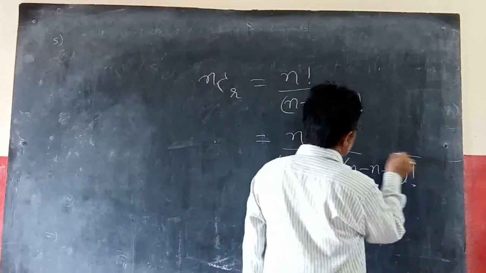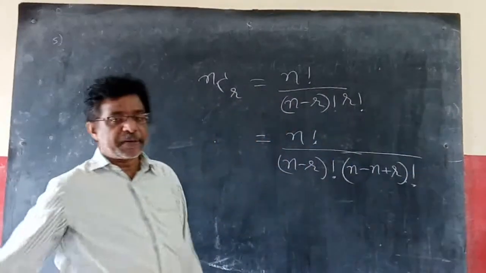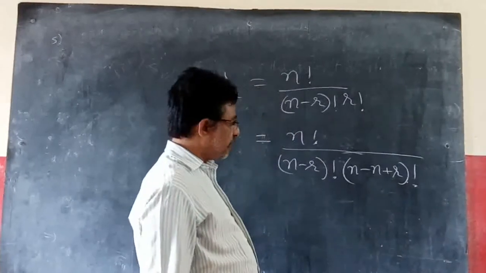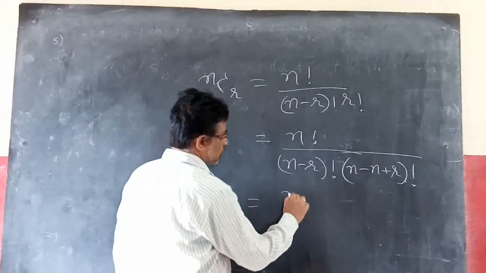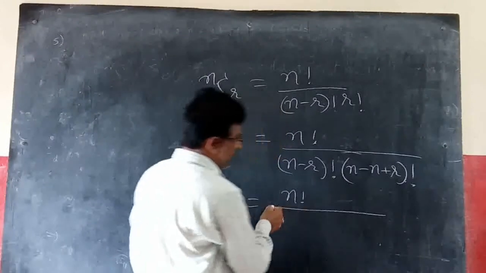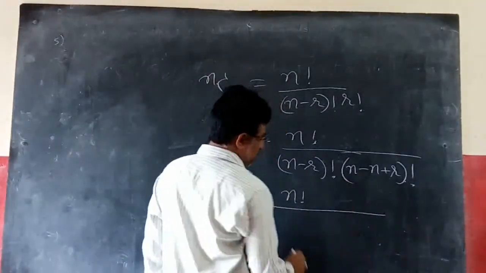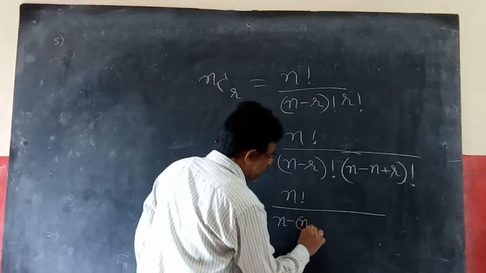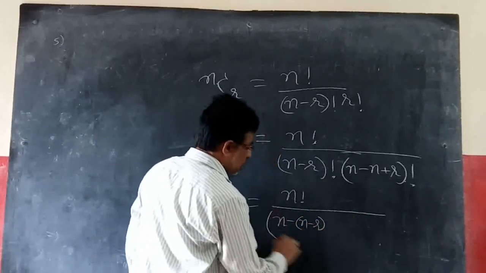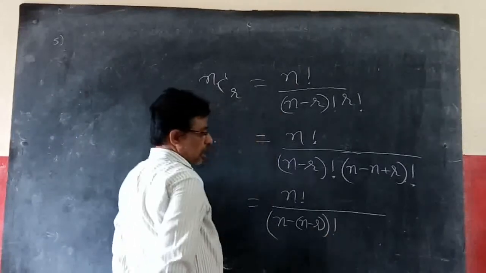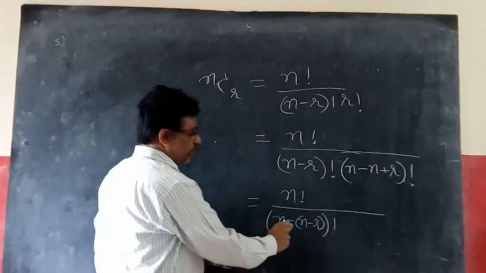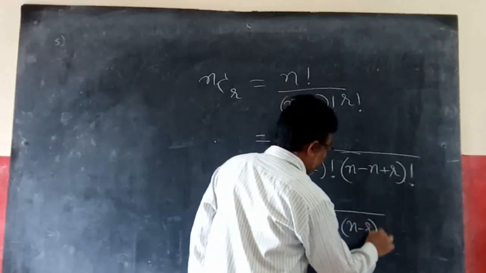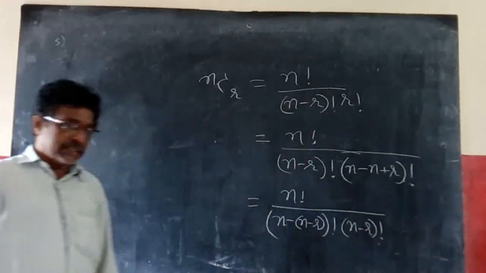I am just adding n and subtracting n without changing the value. Now if I take minus common from these two, it becomes n factorial by n minus r factorial into n minus r factorial.